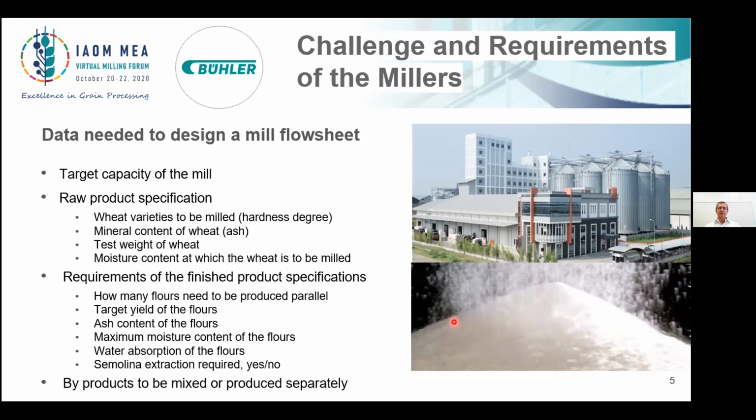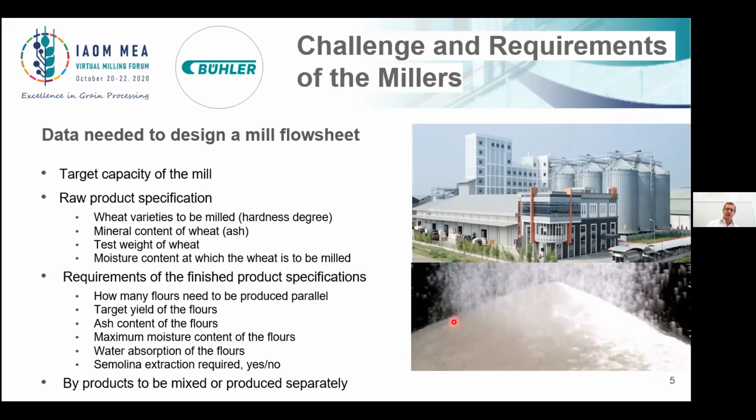The requirements of the finished products, how many flours we need to produce, the target yield, the ash content, but also the moisture content of the flour, water absorption. It's a parameter we learned yesterday. It is important to know while designing the flow sheet.